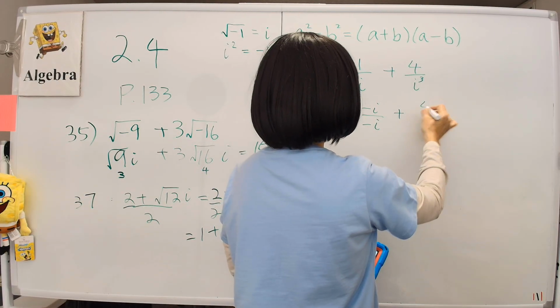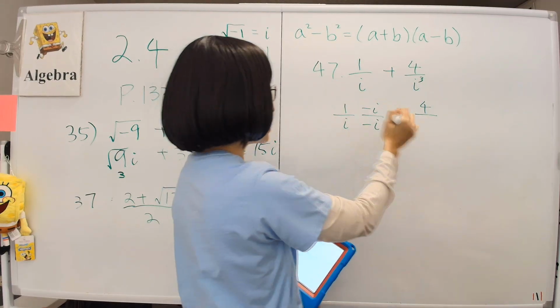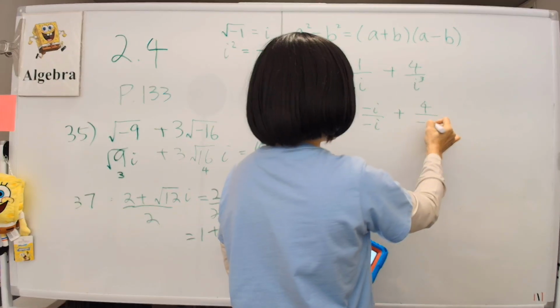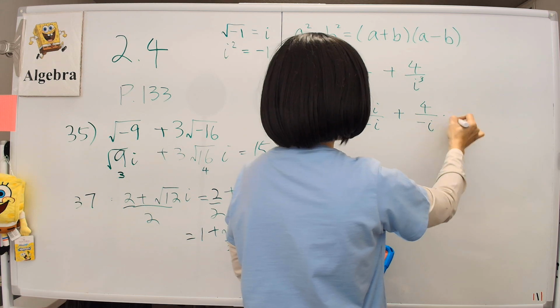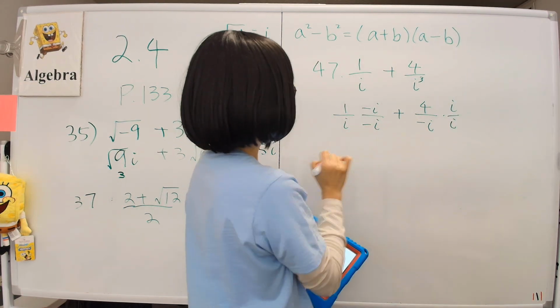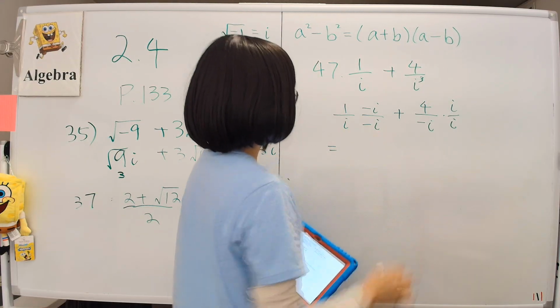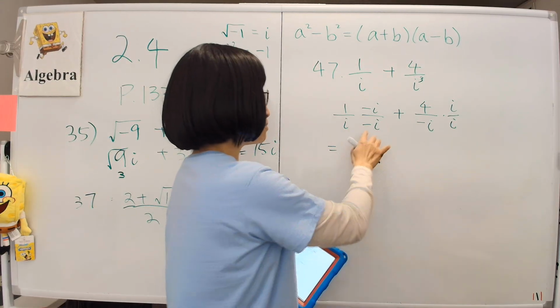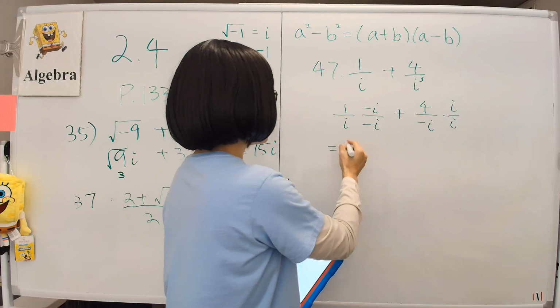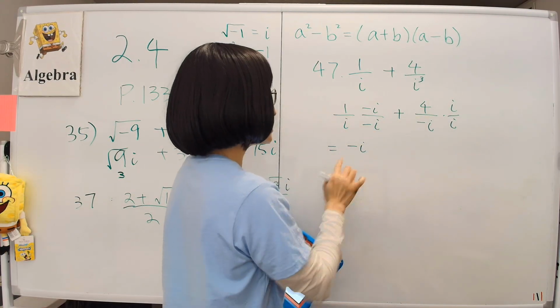This is 4 over i cubed. What is i cubed? i cubed is i squared times i, which is negative i. So this is negative i, and we multiply it by its conjugate, which is just i. Here we are, and then we do the math. Now i times i is i squared, which is minus 1, times the negative sign is positive 1. So this part ends up being just negative i.